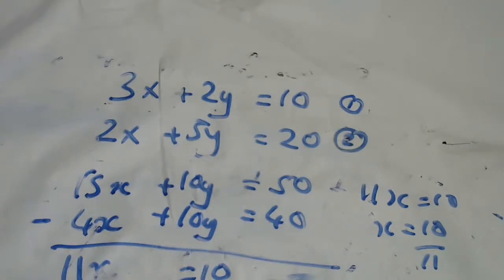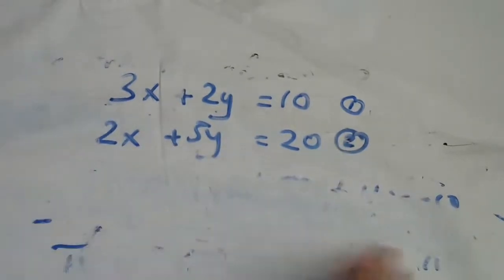As soon as you finish copying down, type again that you've done it. Right, lovely. So we've now got x equals 10 11ths.